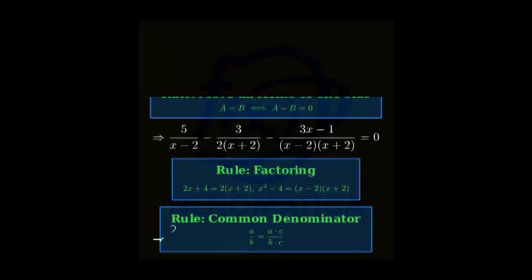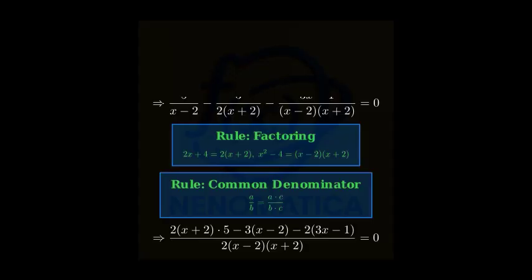This gives us 2 times x plus 2 times 5, all over 2 times x minus 2 times x plus 2, minus 3 times x minus 2 all over 2 times x minus 2 times x plus 2, minus 2 times 3x minus 1 all over 2 times x minus 2 times x plus 2 equals 0. Next, let's expand the expressions in the numerator.